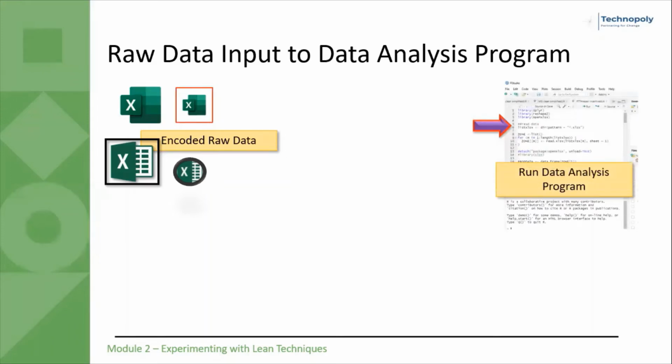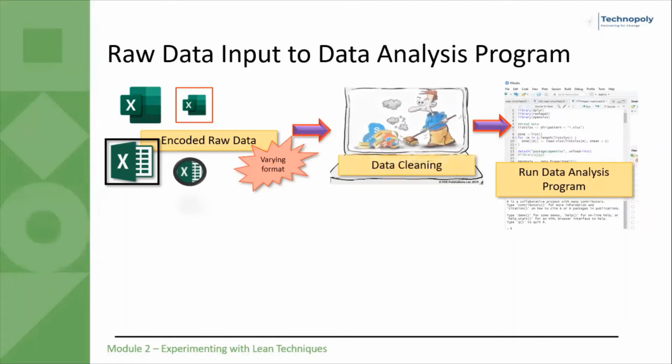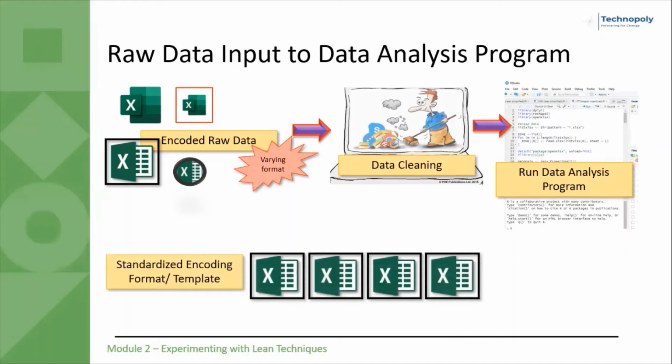However, templates for the raw data vary from one encoder to another. This will lead us to an additional step of data cleaning before running the software. Standardizing the raw data template among encoders will eliminate the data cleaning step.